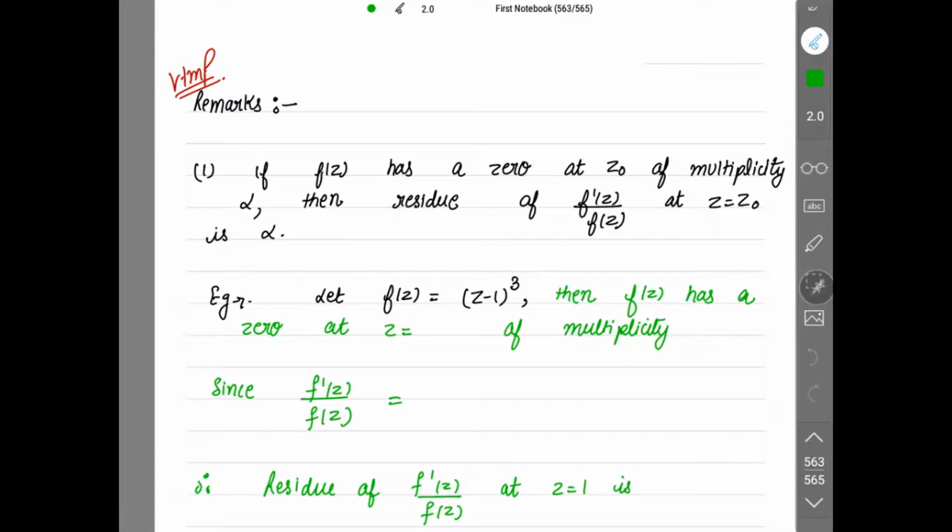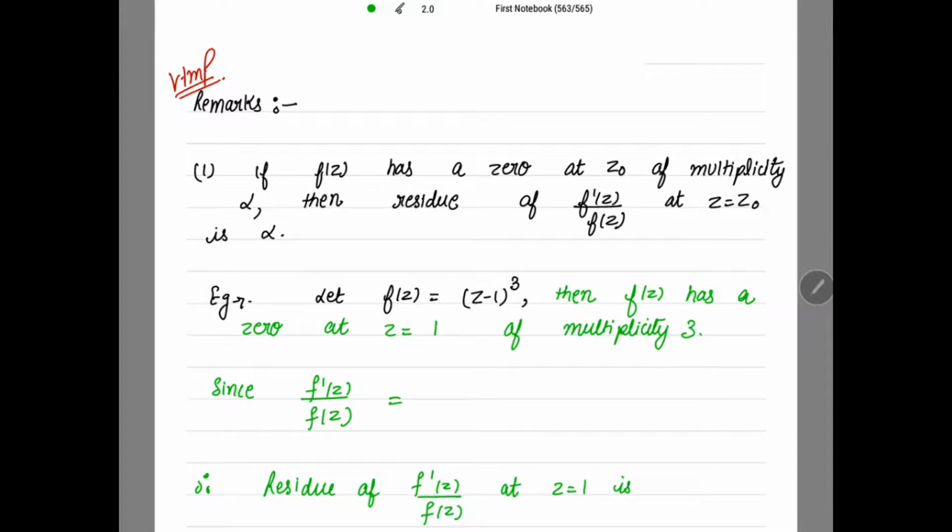Suppose you are having the function f(z) equal to (z minus 1) cube, and it is asked to find the residue for this function, right? So f(z) has a zero at z equal to 1 of multiplicity. What is the power here? 3.